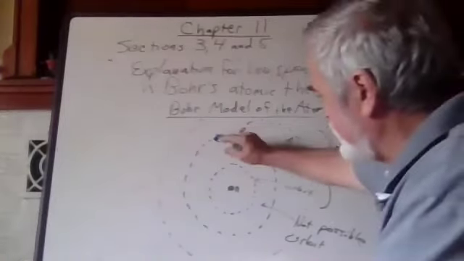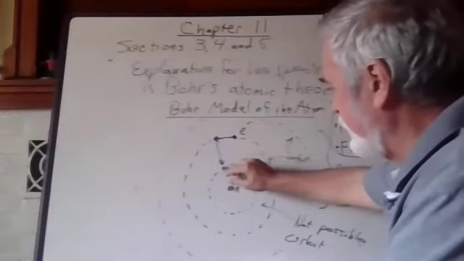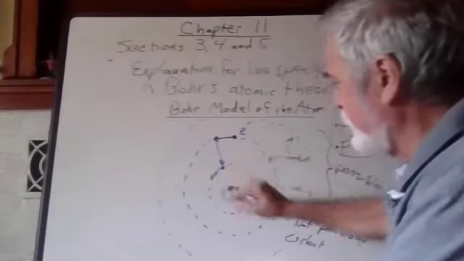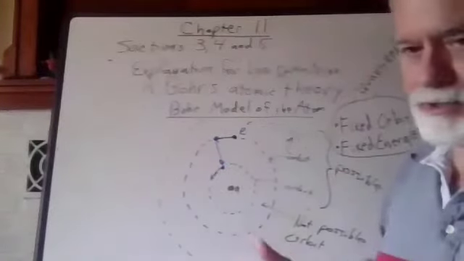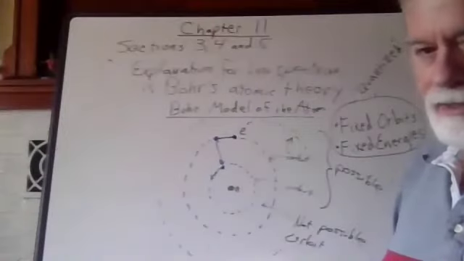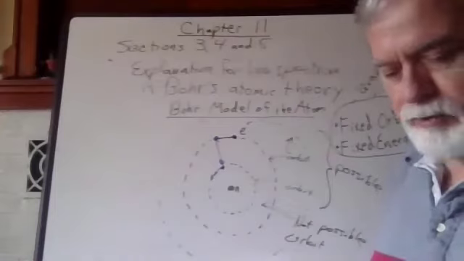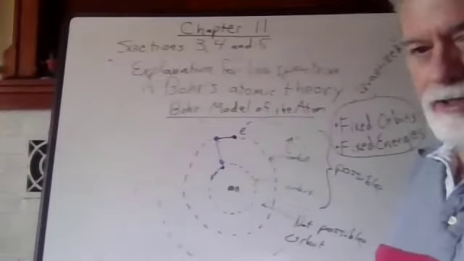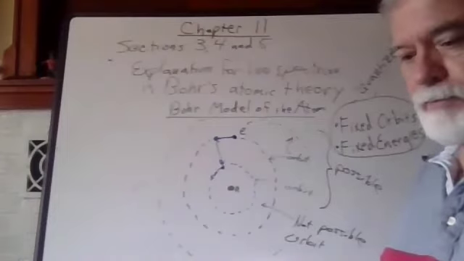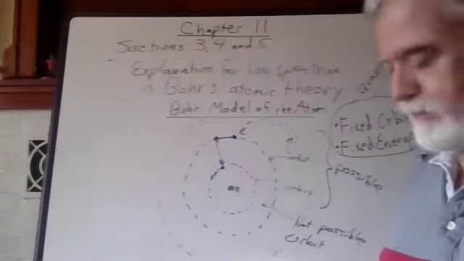And when it does that, let's say it does that here, it can fall back down and then continue its orbit there. But when it does that, it has to emit the energy that it contained at that level. Since it's not interacting with anything, it's just falling down on its own, the only way for it to get rid of that energy is to emit the energy in the form of light.